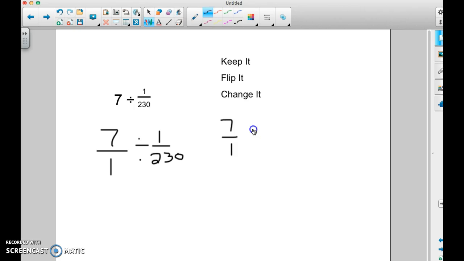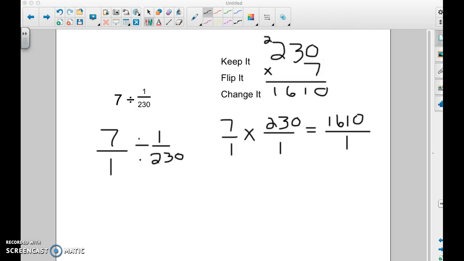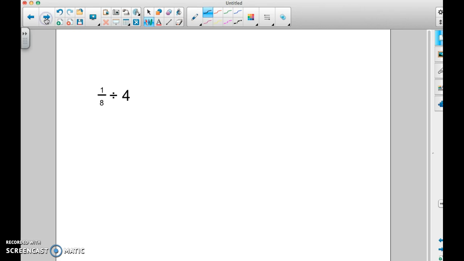We're going to change our sign from division to multiplication, and then we're going to do the reciprocal and do 230 over 1. And now we have to be able to do 230 times 7. We kept it, changed it, and flipped it like Samantha's told us to do, and in order to save a little bit of time, we went ahead and worked this problem. We got 1,610 over 1, which is also equal to 1,610, and most people seem to get that right.